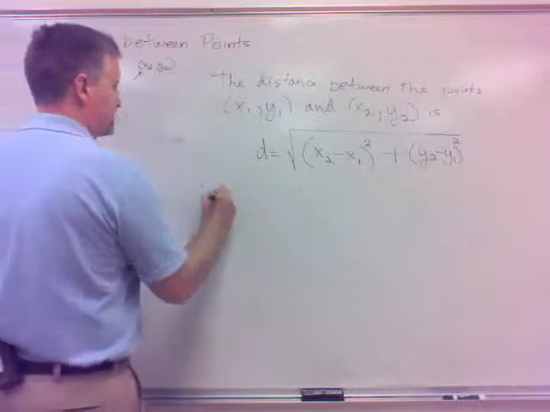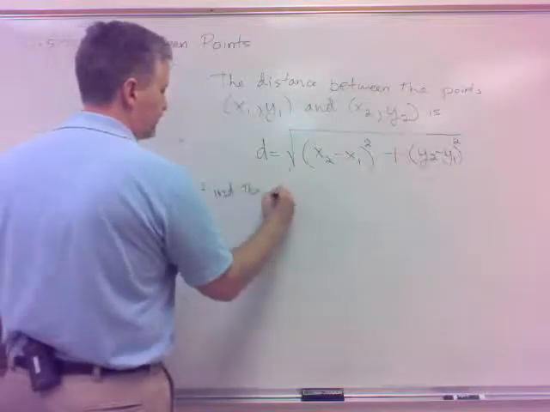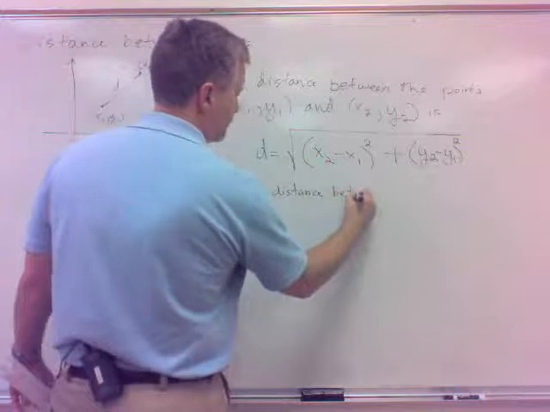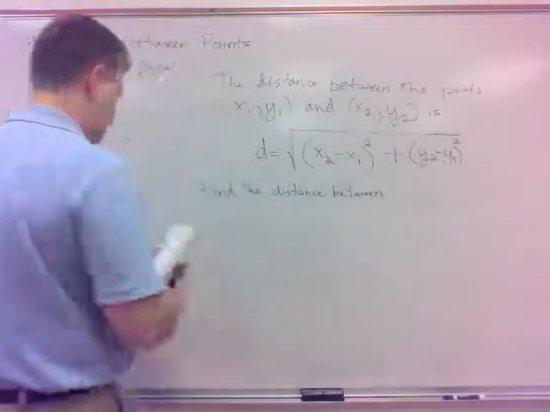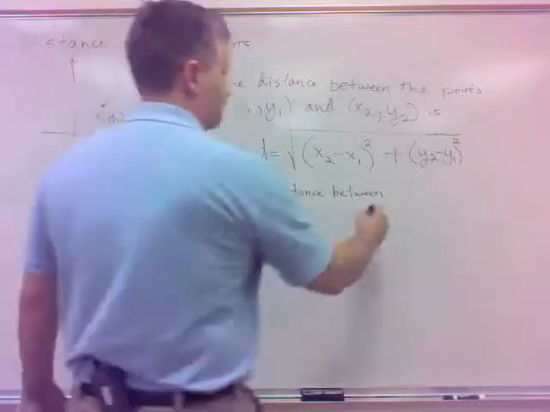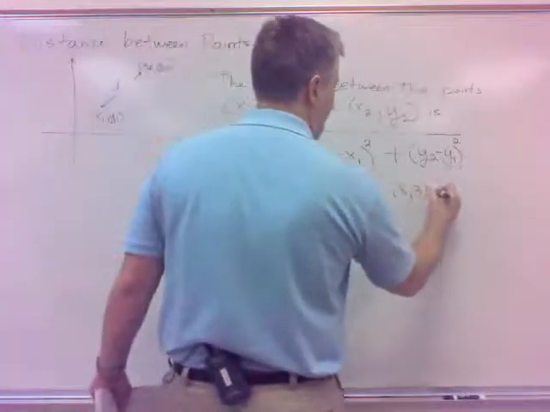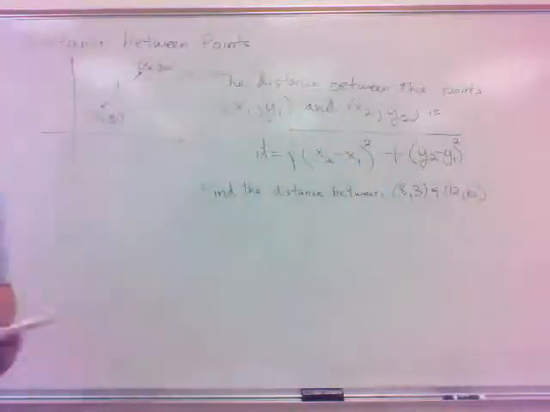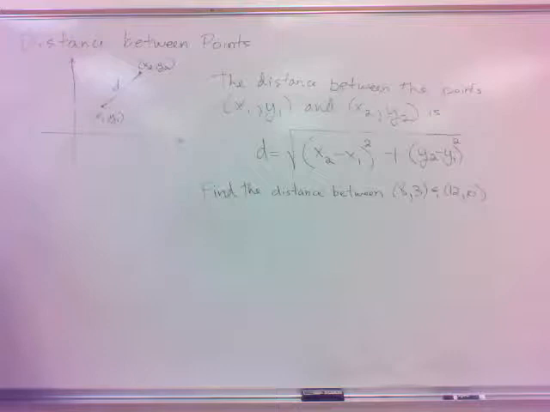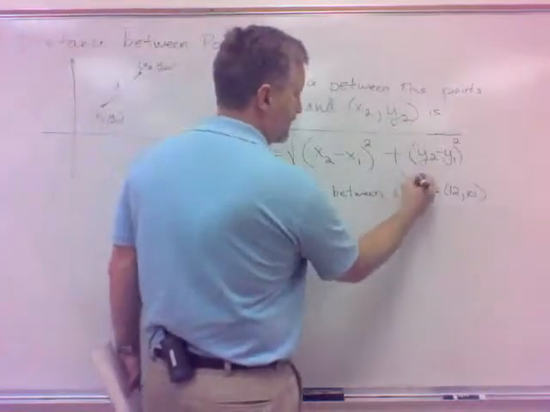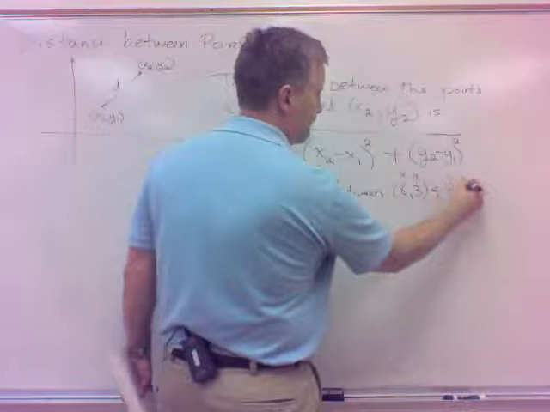So let's find the distance between (8, 3) and (12, 10). Well, again, like the slope formula, you've got x1 and y1 right here, don't you? x2 and y2 right there.